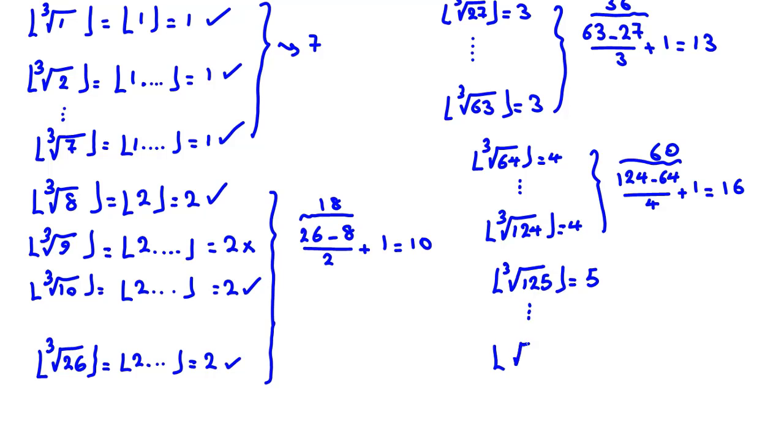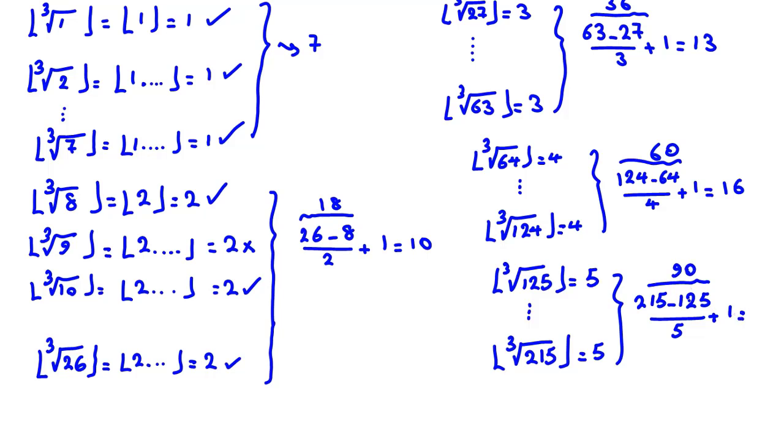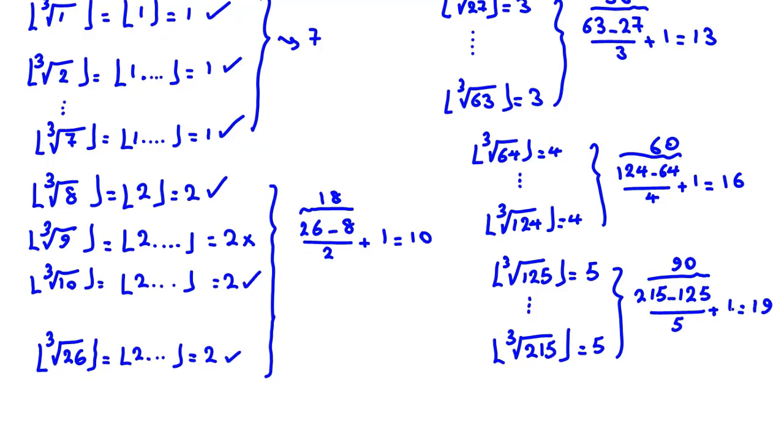Up to 216 is 6, so up to 215 again it's 5. So you should consider 215 minus 125 over 5 plus 1. 90 over 5 is 18, plus 1, 19.